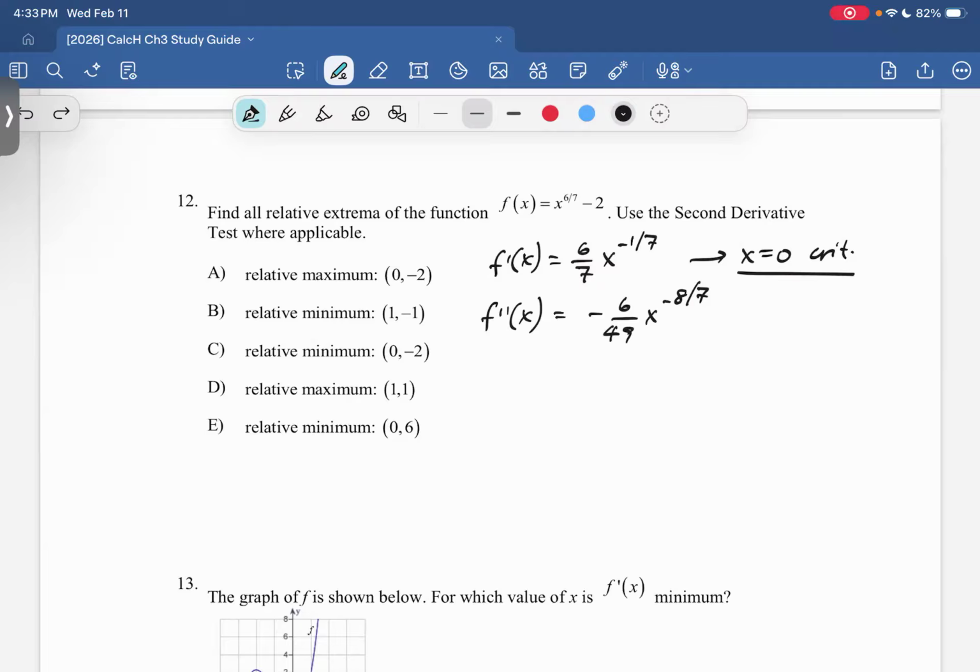We don't have a second derivative, and so that means we can't use the second derivative test, which means we have to go back to using the first derivative test. So we're going to go to our number line and see whether the function is increasing or decreasing on these two intervals. And then that'll help us determine whether this point is a relative minimum or maximum.